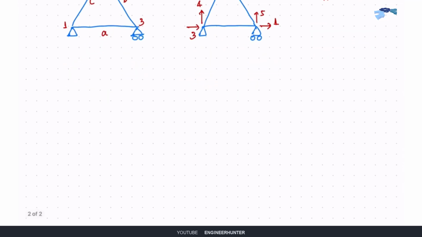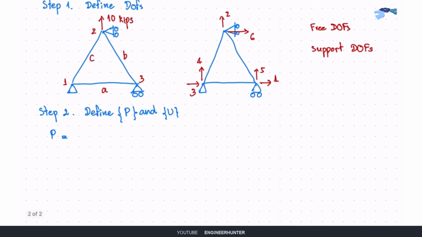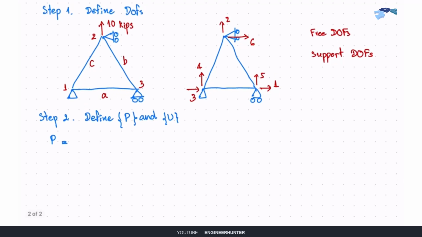Next we can define the force vector and the displacement vector. So P, we have 6 elements. We have 1, 2, 6. So you can look at the structure here. The external force at degree of freedom number 1 is equal to 0.